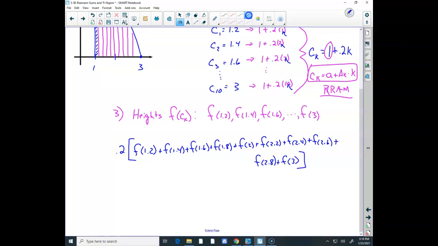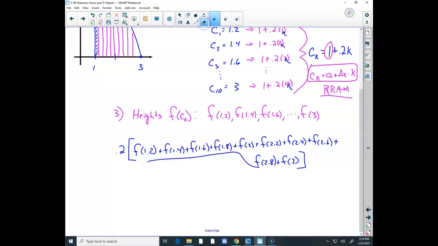If I kept doing that, I know you guys weren't happy. Yesterday I was okay with it because there were only 5 heights that we listed out. But as n goes from 10, and then we're going to do it again with 50, and then 100, this gets pretty cumbersome to write.